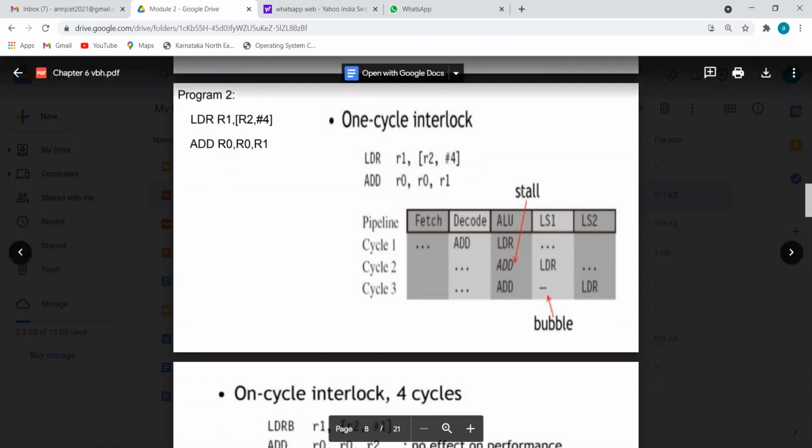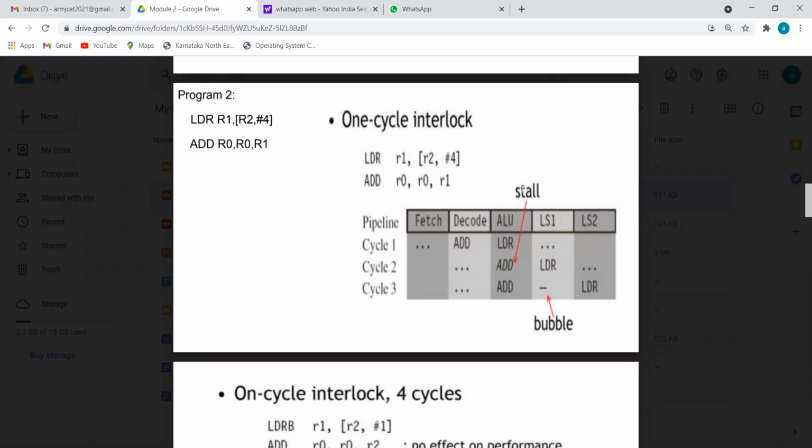Here the question: what do you mean by stall? Stall means wait. Don't think of some shop or something. So it's a wait or queue. Why is it a queue? Because the LDR is unable to finish in only one time; it has to undergo 2 stages in the ALU.